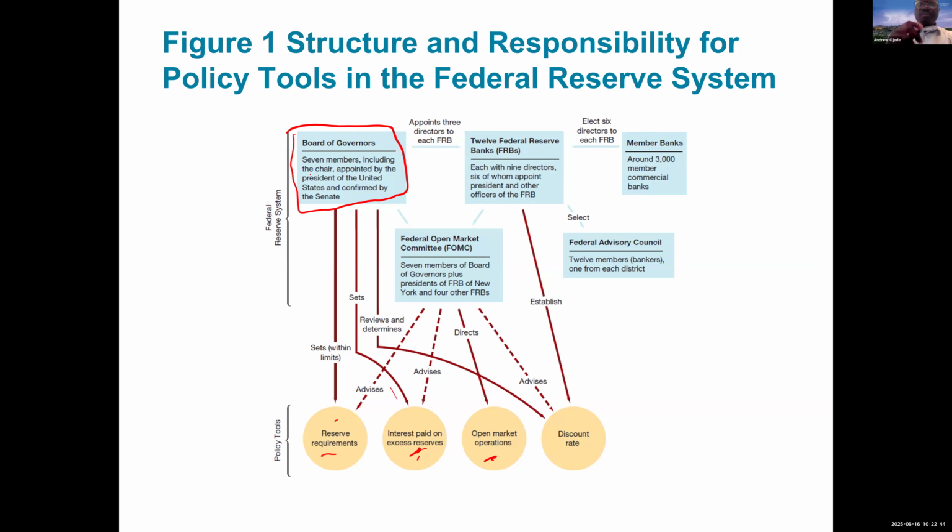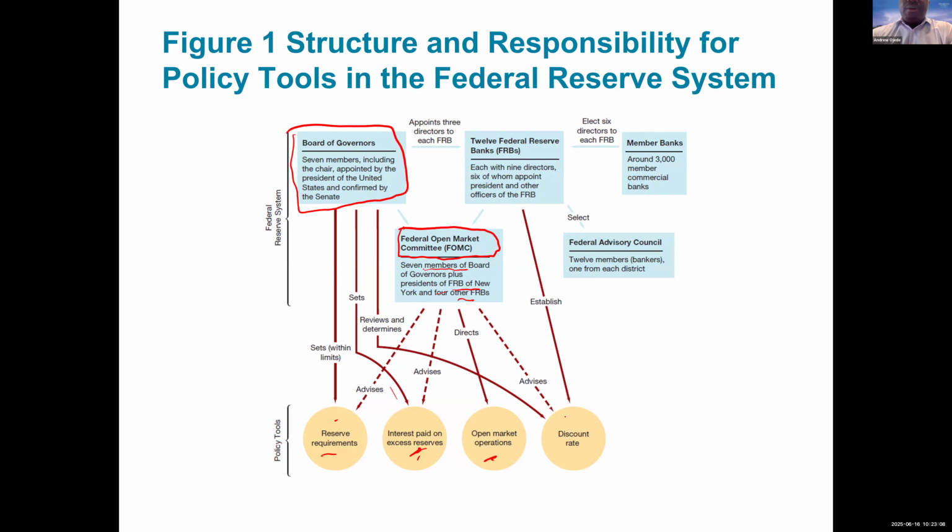And then the Federal Open Market Committee, which is this powerful 12-member body, which comprises 7 members of the Board of Governors, plus the presidents of the Federal Reserve Bank of New York and 4 other Federal Reserve Bank presidents. Those 5. So 5 plus 7, it's a 12-member body. What do they do? They are the ones who set the what? Advises on what?